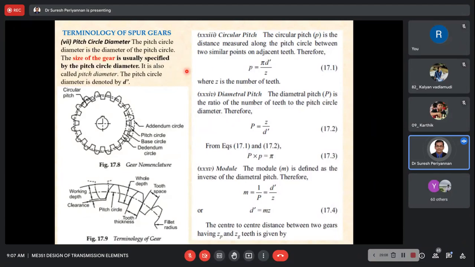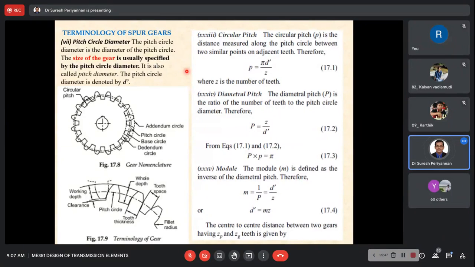The transmission ratio is the ratio of the angular speed of the first driving gear to the angular speed of the last driven gear. We already discussed this during gear trains, the different gear trains. In that, what we finally came to know is that the transmission ratio is the ratio of the angular speed of the first driving gear to the angular speed of the last driven gear.